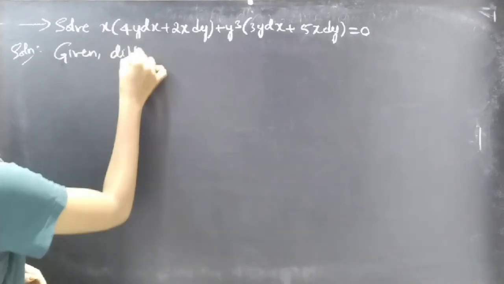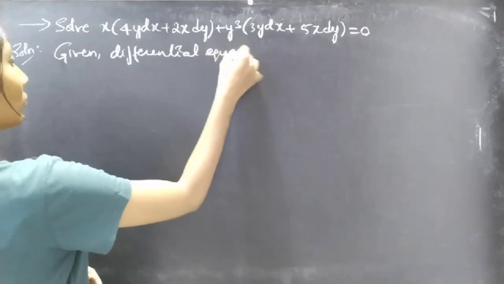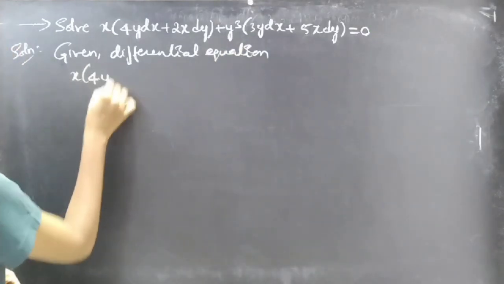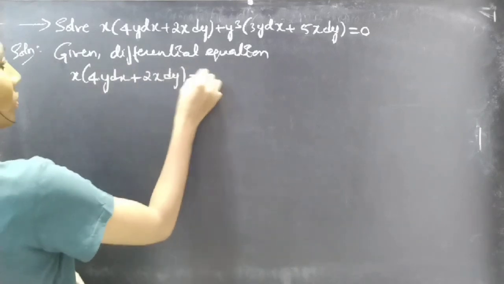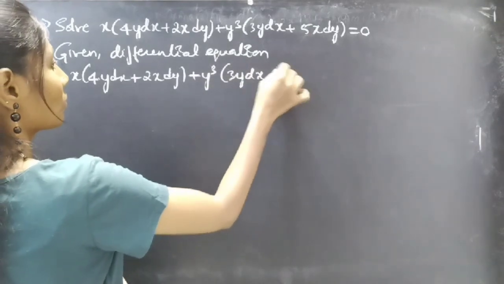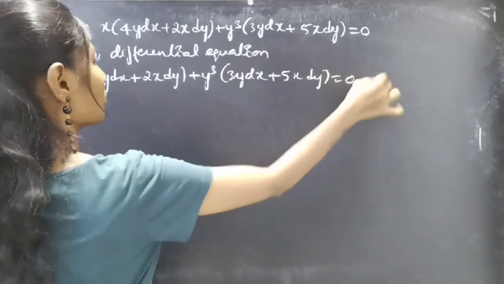Given differential equation, x times (4y dx plus 2x dy) plus y cube into (3y dx plus 5x dy) equal to 0, considered as equation number 1.